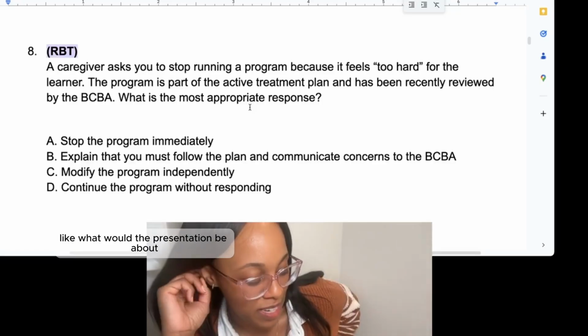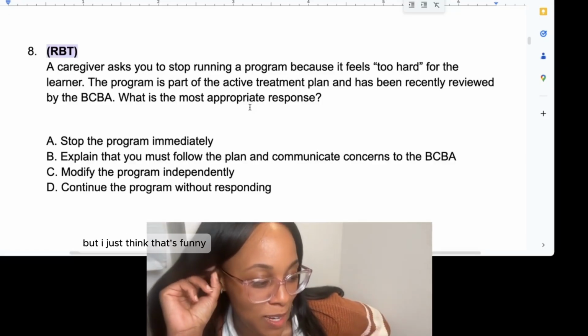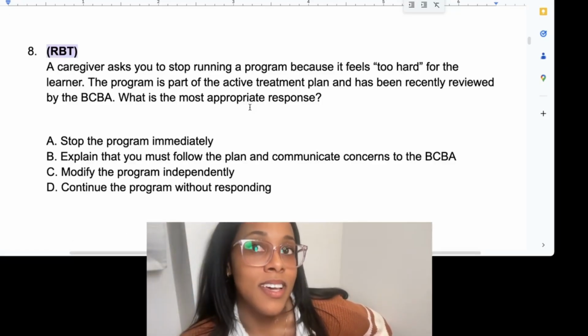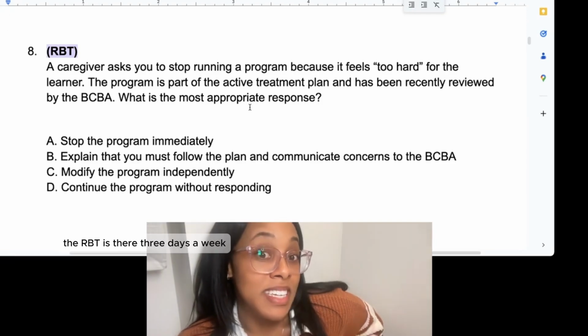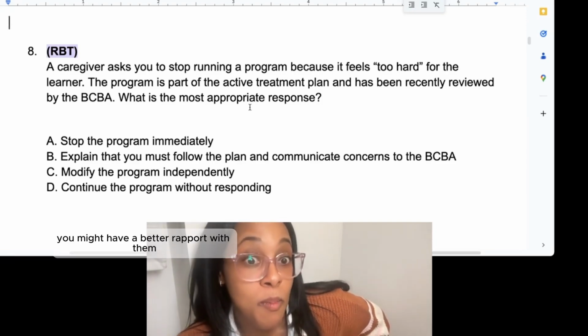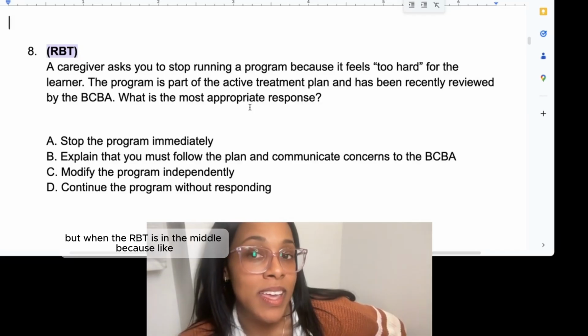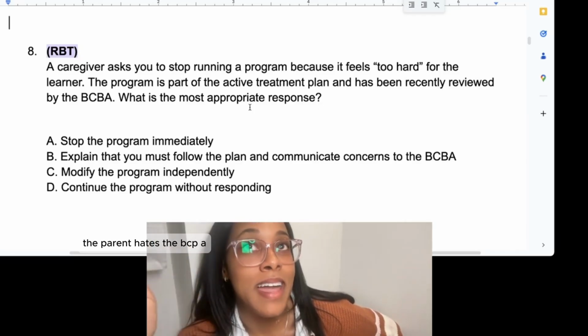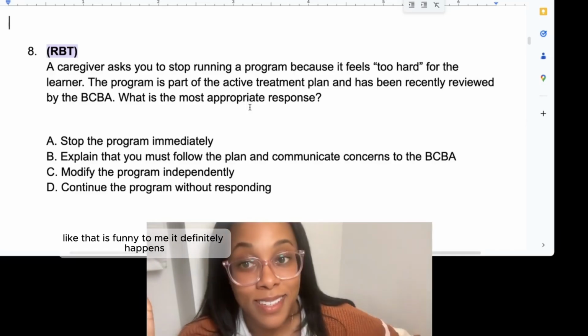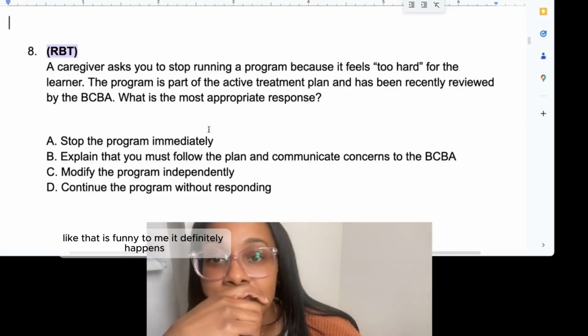What would the presentation be about? But I just think that's funny because that definitely happens. Or sometimes the RBT is there 3 days a week. You might have a better rapport with them. But when the RBT is in the middle because the parent hates the BCBA, that is funny to me. It definitely happens.